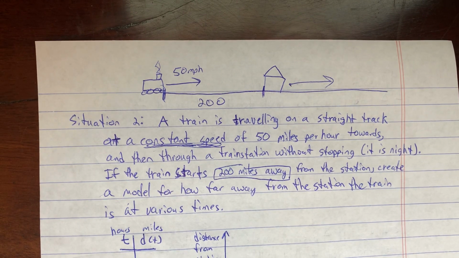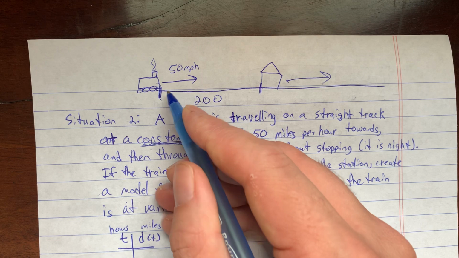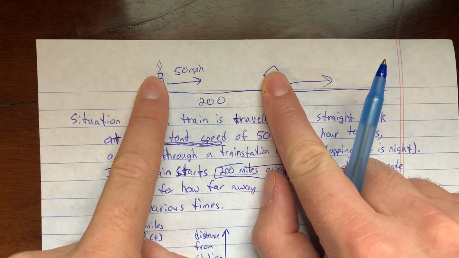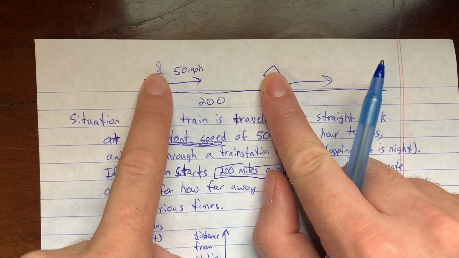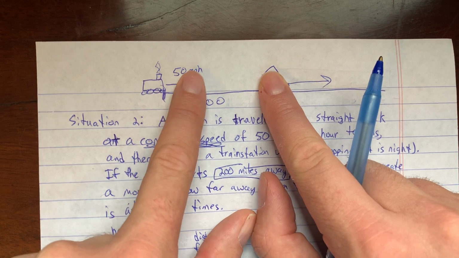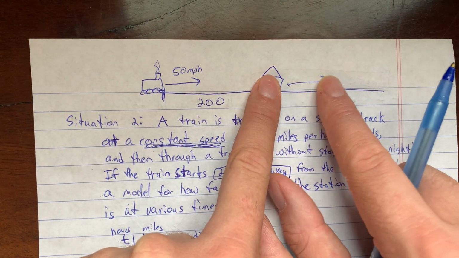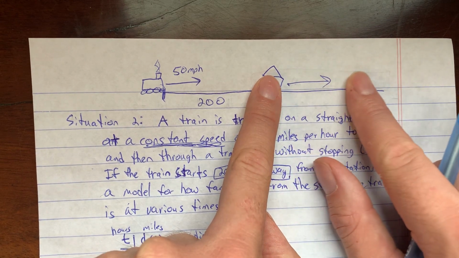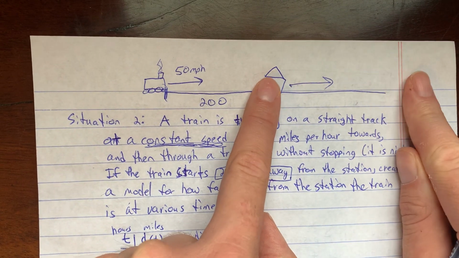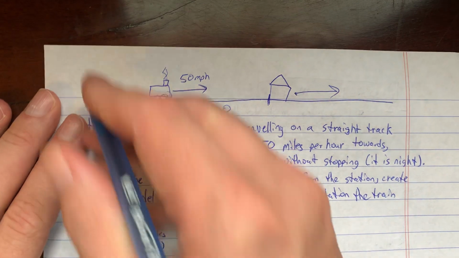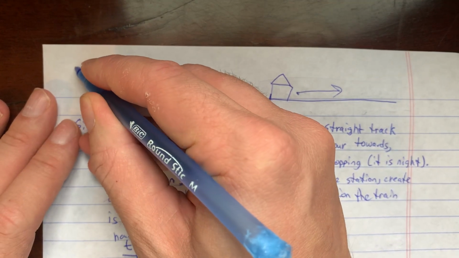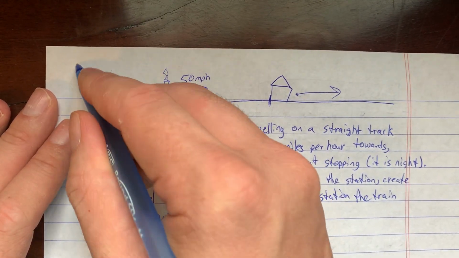I always want to think about what does this feel like? What does it look like? Well, the distance the train is away is 200 miles. And since the train is moving towards it, the distance away is getting smaller, okay? But at some point, the train goes to the other side and the distance away from that train station starts getting larger again. So I can kind of feel like it's getting smaller then larger again.